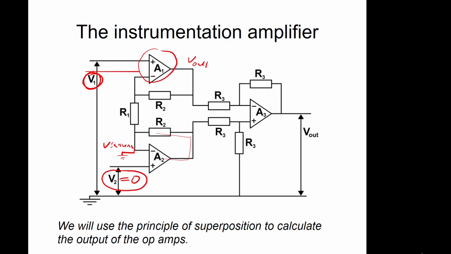And if you see this arrangement, we've got V1 going into this non-inverting terminal, and this output is configured to go through R2, R1 to, in this case, a virtual earth. So this arrangement we have here is identical to our non-inverting amplifier arrangement.